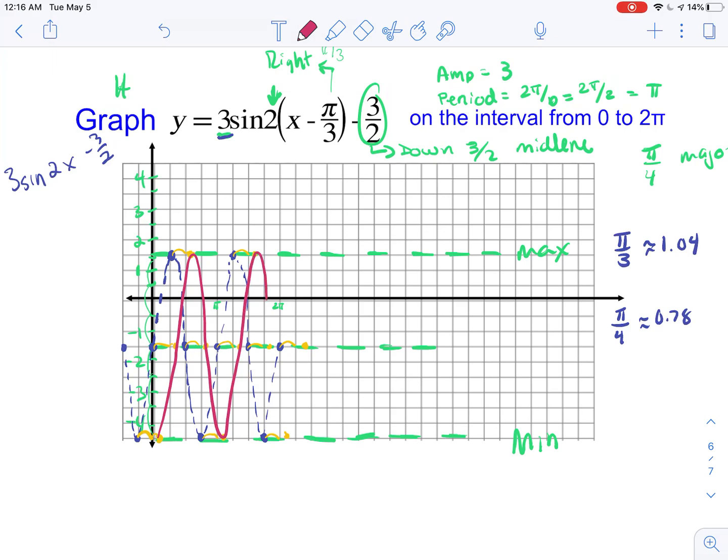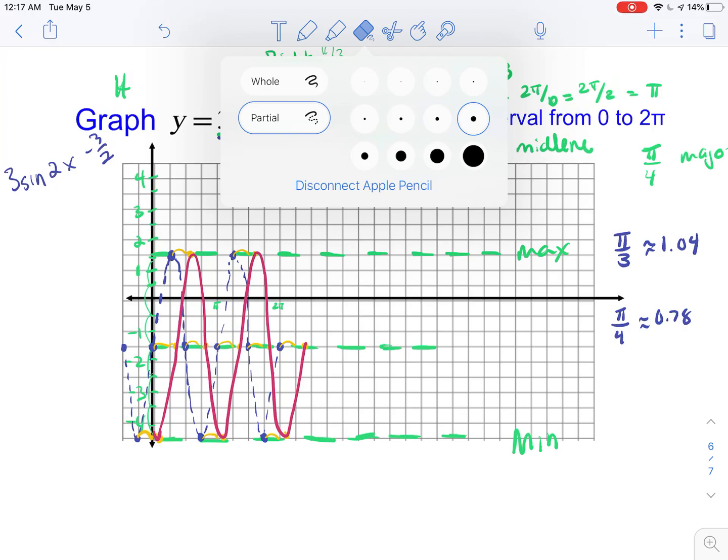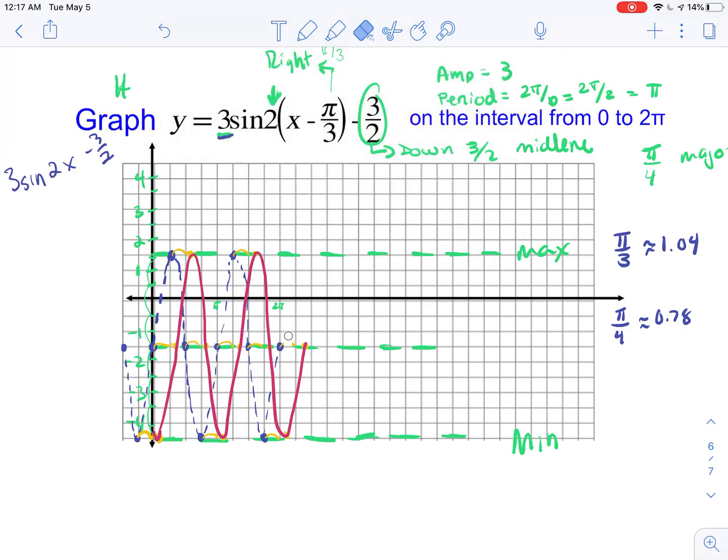And I connect those values. So start from here to here, there to there, there to there, and I continue. Now remember, that's the minimum is a little bit, so we do have a little curve there.